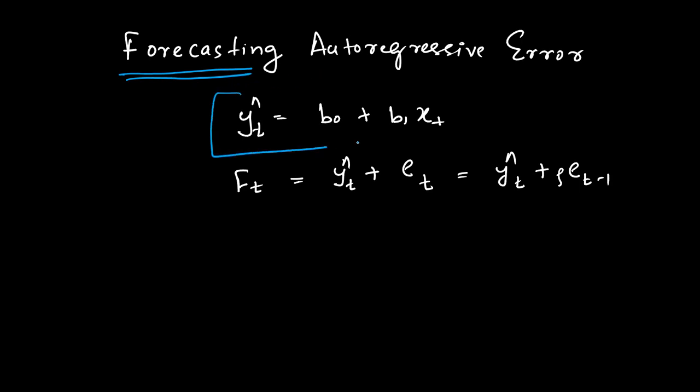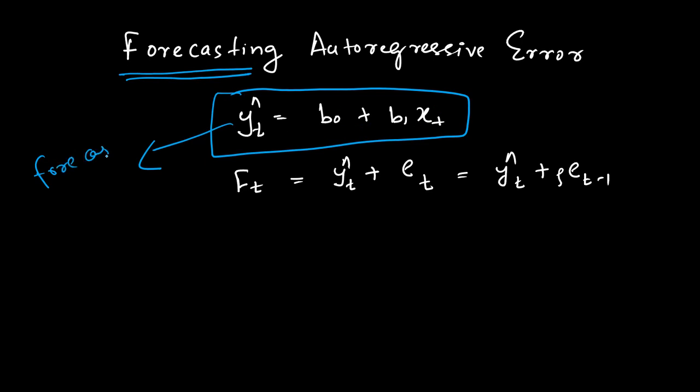Typically your estimates would look like this: y hat t equal to beta naught plus beta 1 xt. But this should not be your forecast value. The updated forecast, let's call it ft, is just the estimated yt plus the error term.